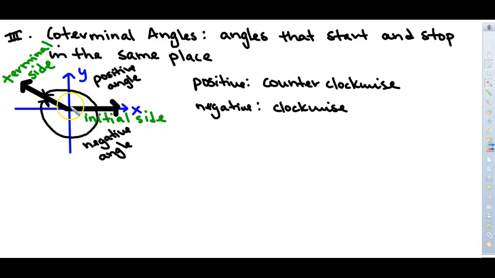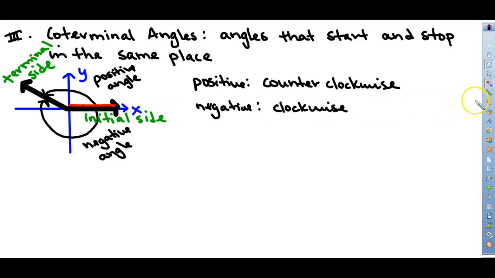If I rotated it around more than one time, then my angle would be more than 360. If I rotated it this direction more than one time, then it would be smaller than negative 360.